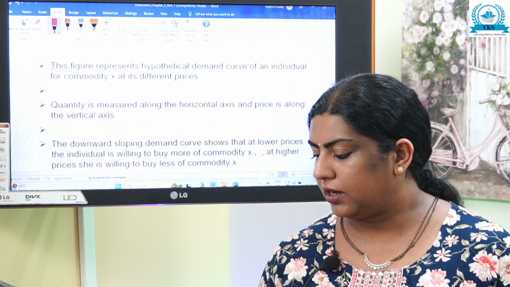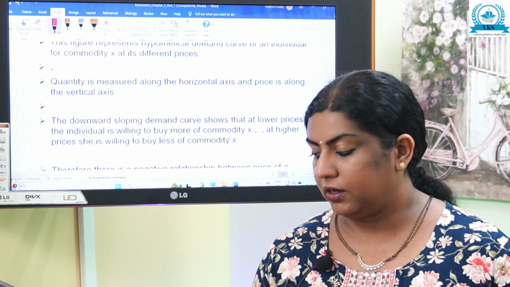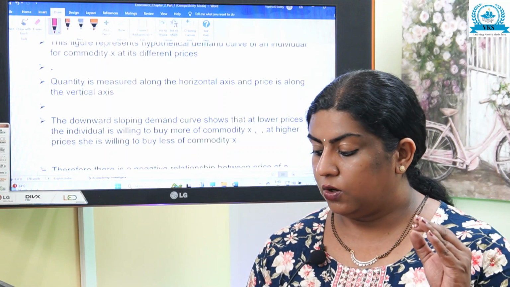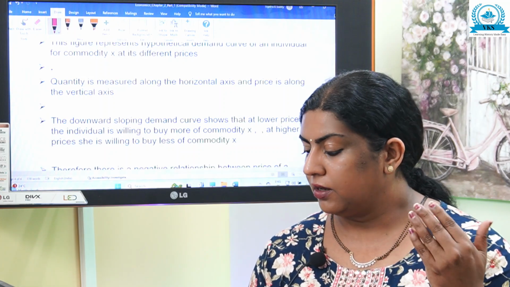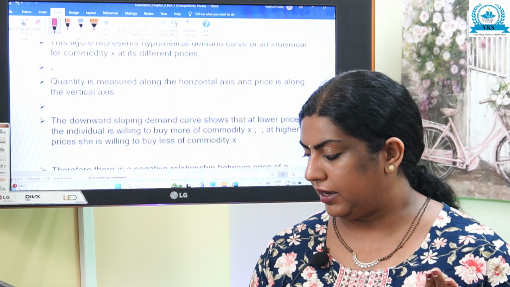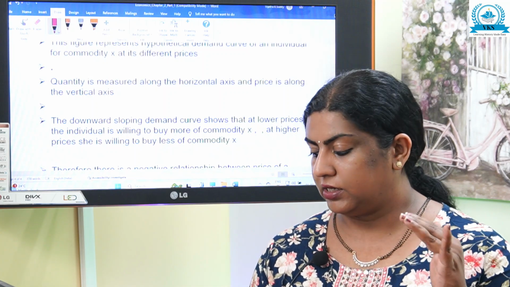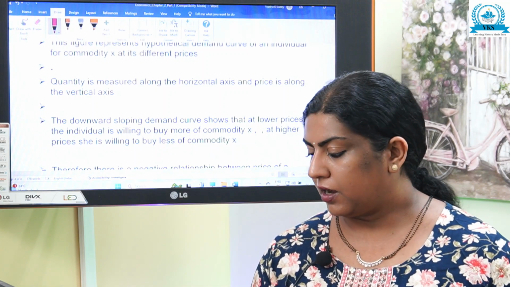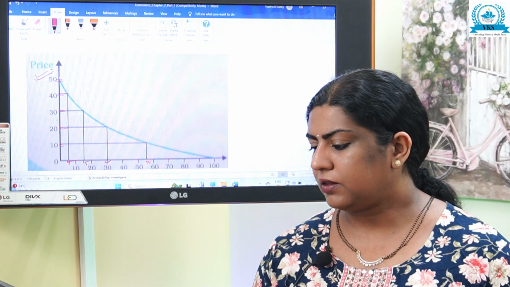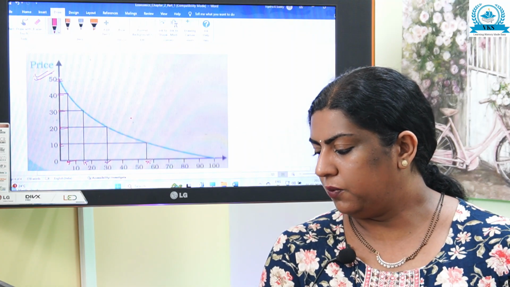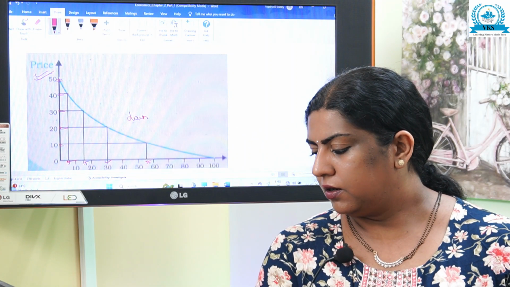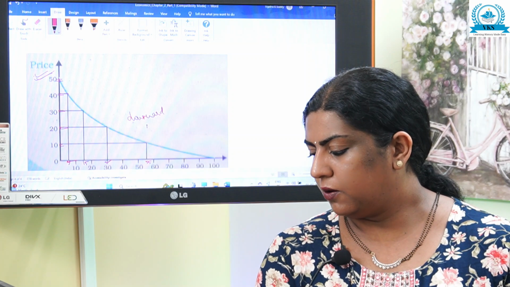So we can see that the downward sloping demand curve shows that at a lower price, an individual is willing to buy more of commodity X, and at a higher price she is willing to buy less of commodity X. So the curve is a downward sloping curve.